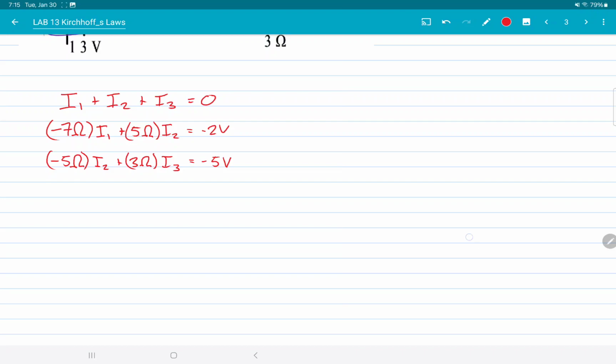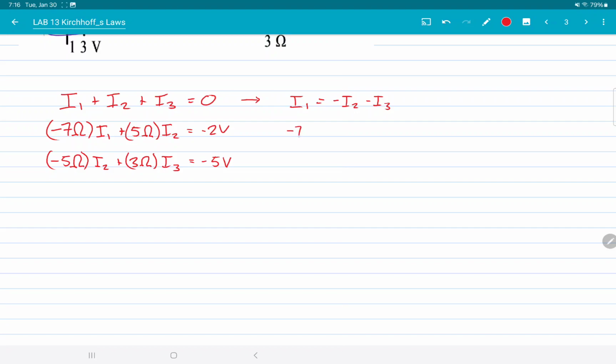So I know I1, if I use this equation to rearrange it, I1 is equal to minus I2 minus I3. So I could plug that in to the next equation.